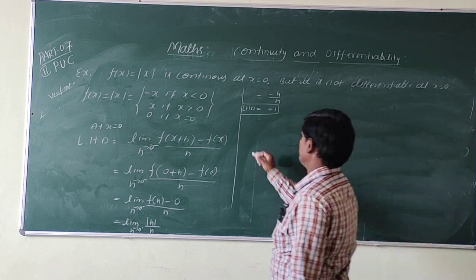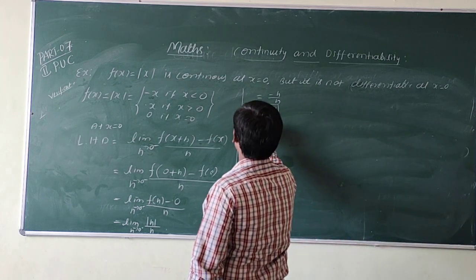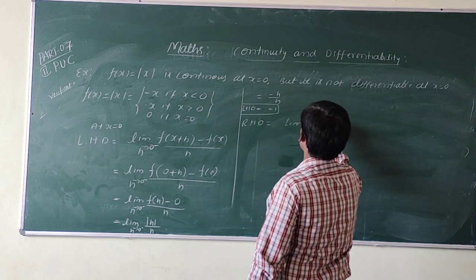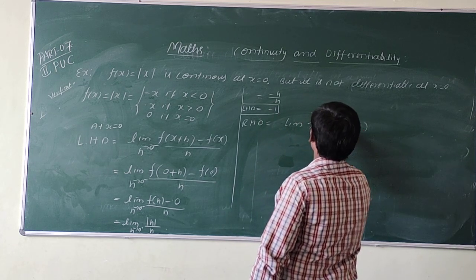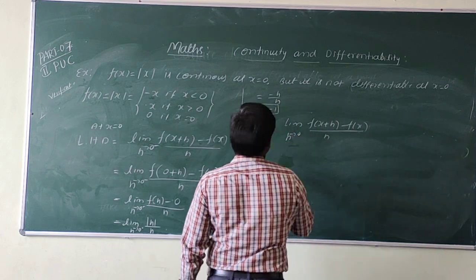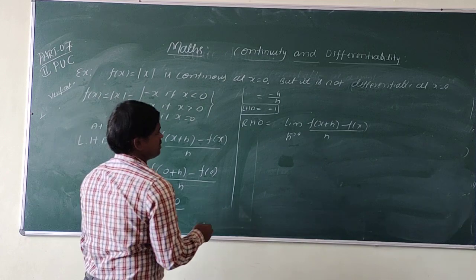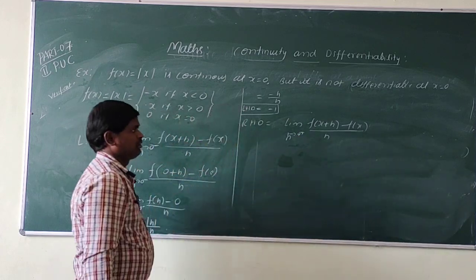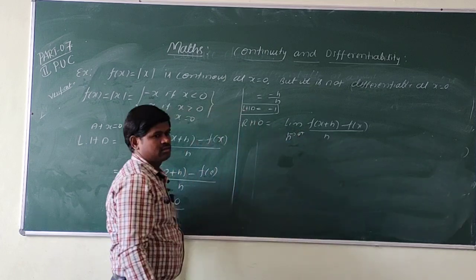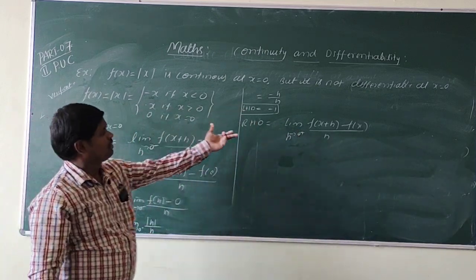Now the right hand derivative. It is the limit of f of (x plus h) minus f of x divided by h as h tends to 0 plus. Generally in the definition this is a plus, and here particularly at x is equal to 0, so 0 plus.